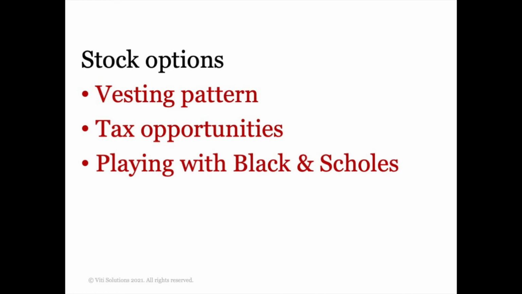You can also play with the time period, so the period to vesting and period to exercise will impact the value, and you can also play with the exercise price. The higher the exercise price, the lower the Black-Scholes value, and this will affect the accounting, and in the case of warrants, the purchase price for the individual if they're purchased stock options or warrants.